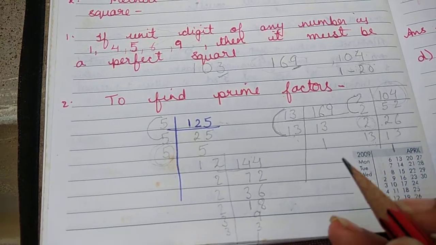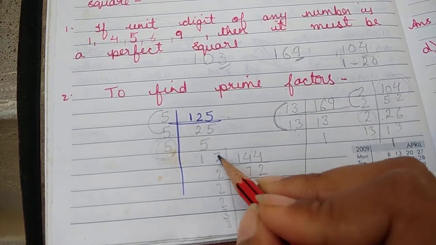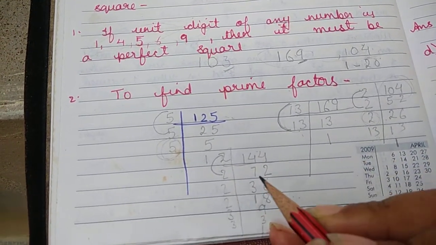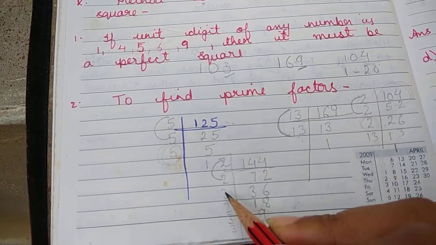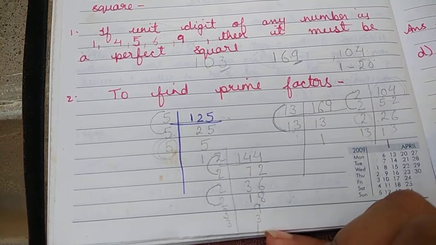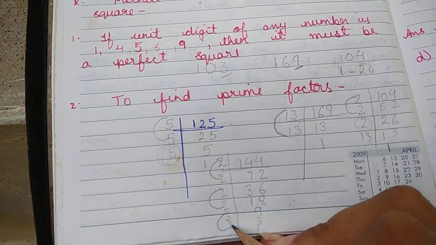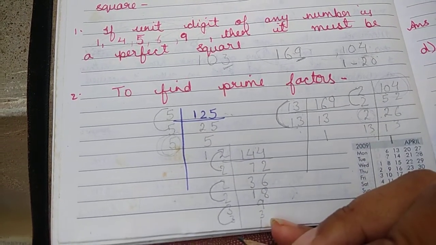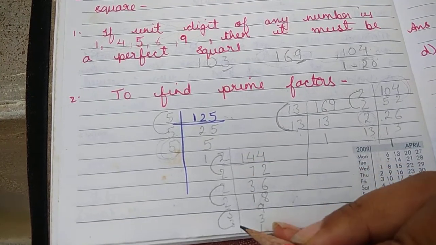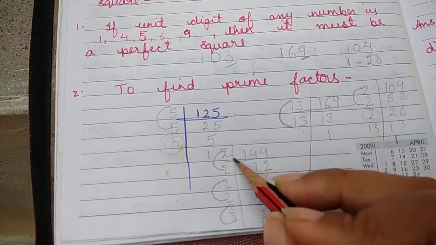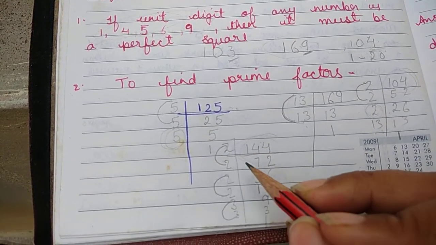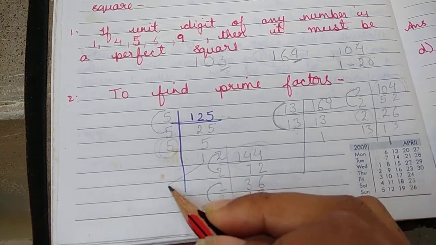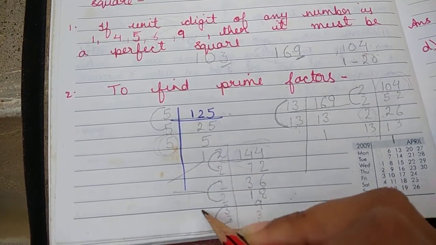Okay, so now let's see if we can pair it up. There are 2 2s, then again there are 2 more 2s, then there are 2 3s. See, all the numbers given here have been paired up. If you want to know of which number this is a perfect square, you just take one number from each pair.